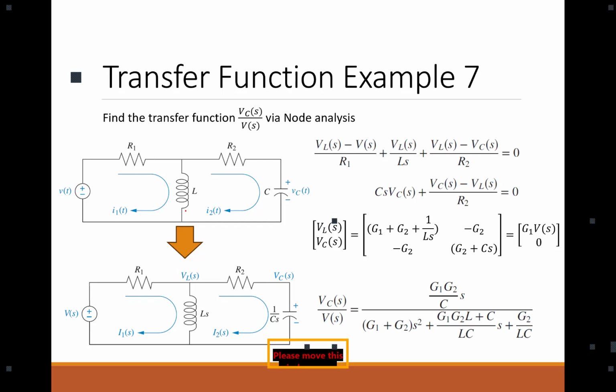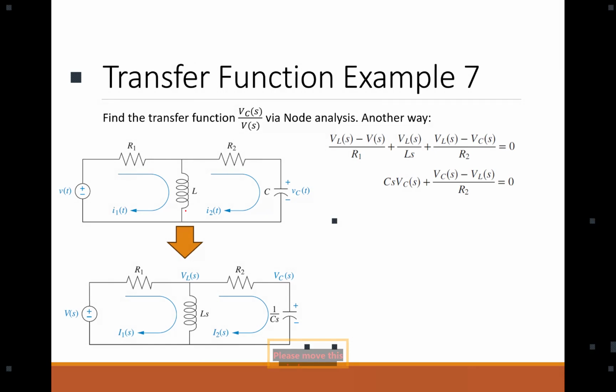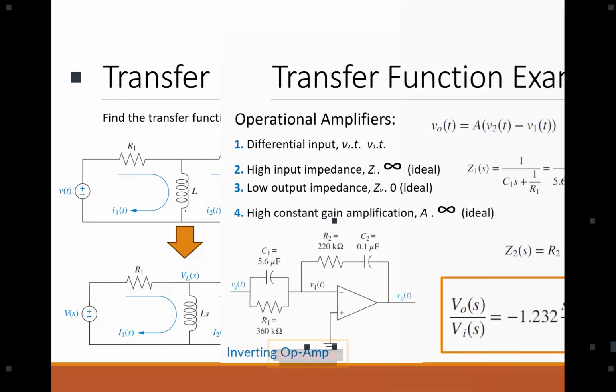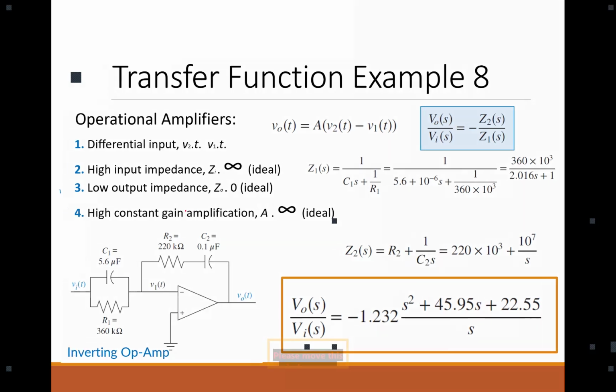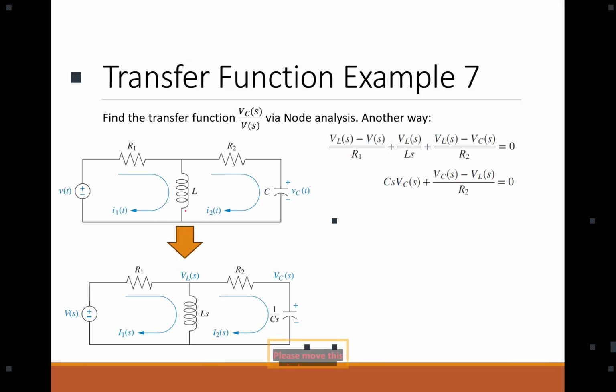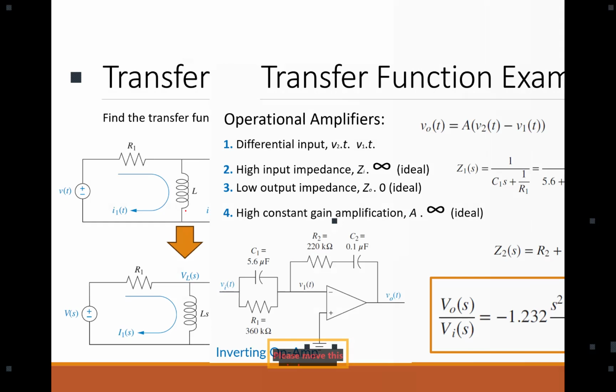So don't get confused about that G1, G2. It's just the admittance of whatever we had as an impedance. Okay, that's the same question.